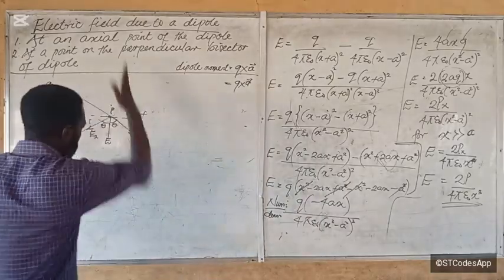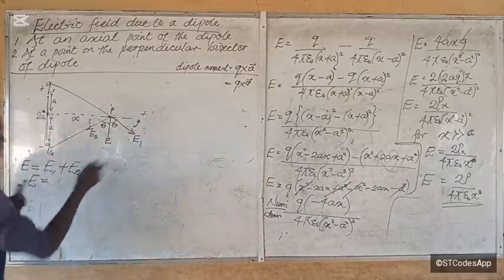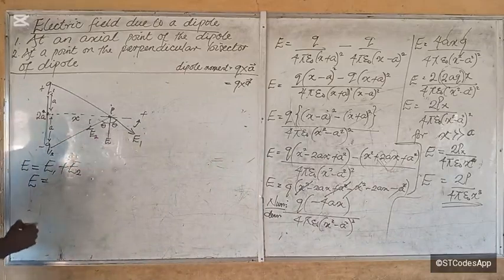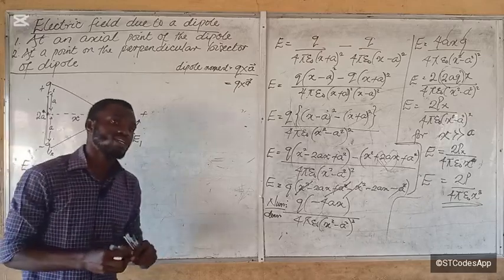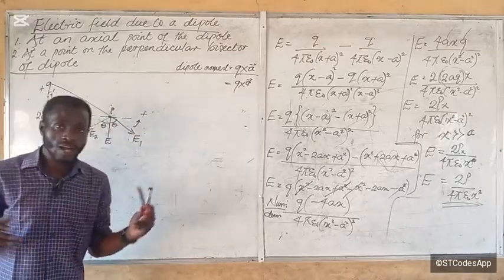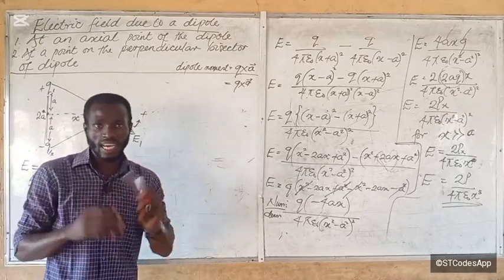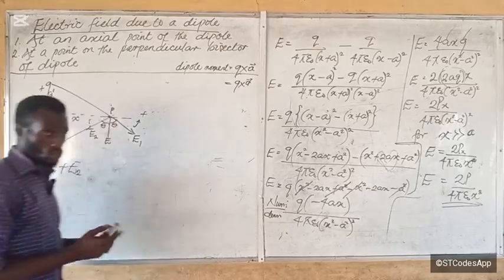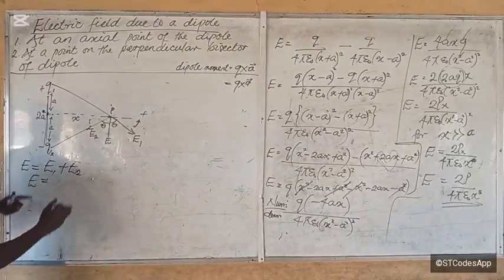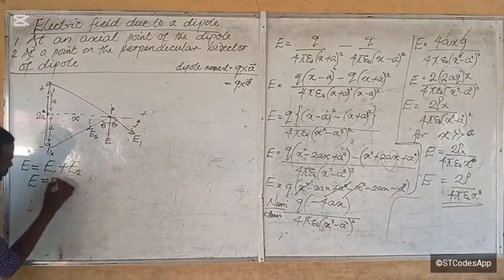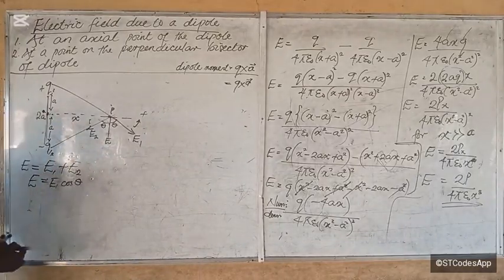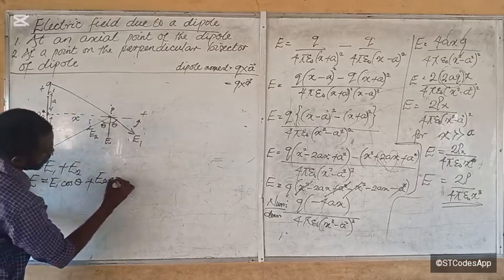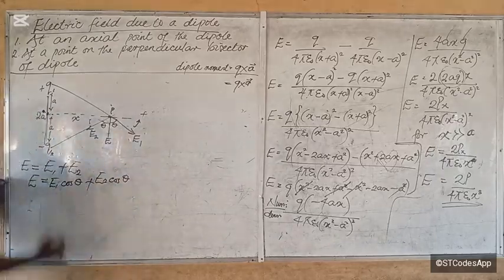Does that make sense? Y component. So E is going to be E1, close angle, that's cos, right? Just remember, C to C, close angle. Then open angle, sine. I've proved that to you before, so I assume you already know that. So E1 cos theta plus E2 cos theta.